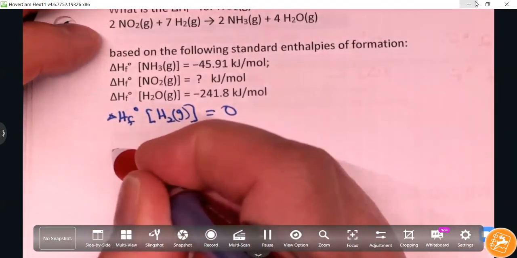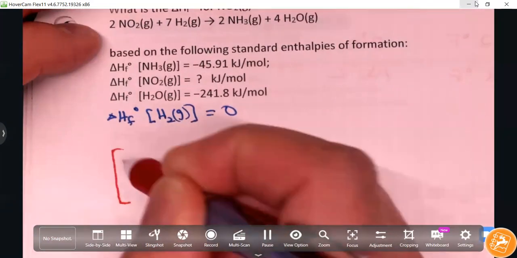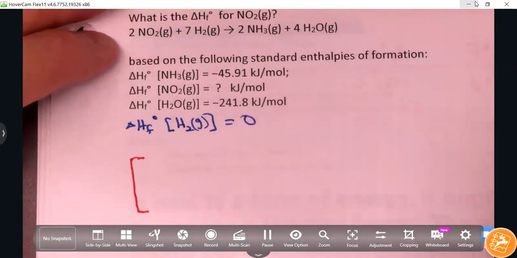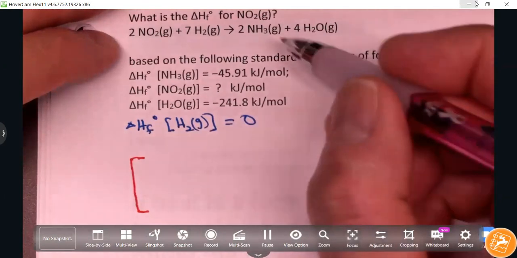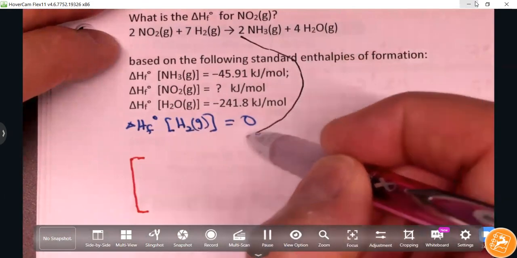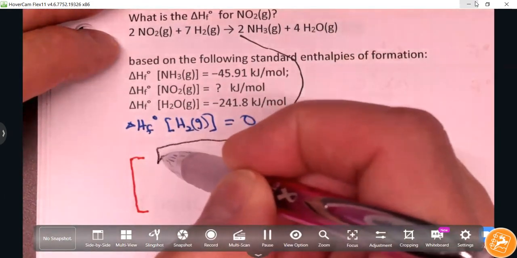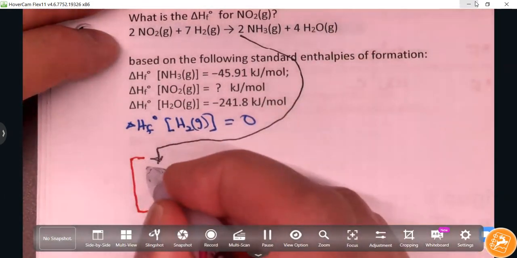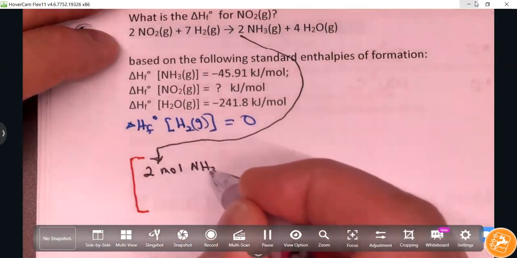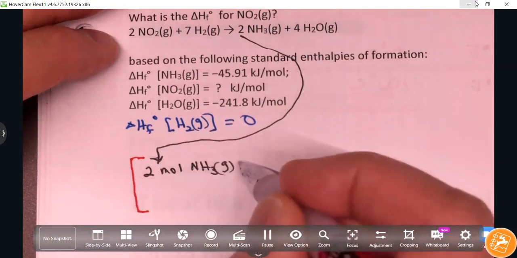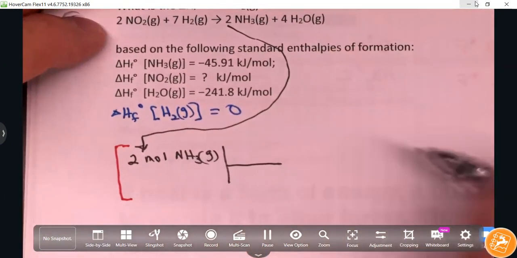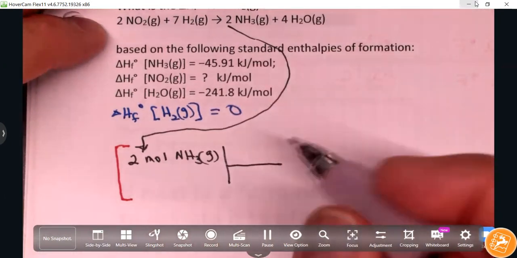So I'm going to put my bracket here and start my products. On the product side, we have 2 mole of NH3 gas, and it looks like negative 45.91.